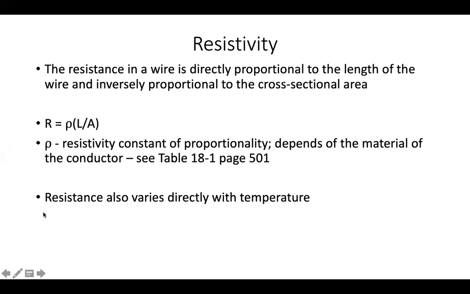Okay, which brings me to the last statement. Resistance also varies directly with temperature, which is my theory as to why our lab turned out to have parabolic data. The longer we left the light bulb on, the hotter the light bulb may have gotten. And as a result, the resistance increased, and then the slope of the line, or in this case, the curve on our graph in our data in the lab, would have increased also and gotten steeper.